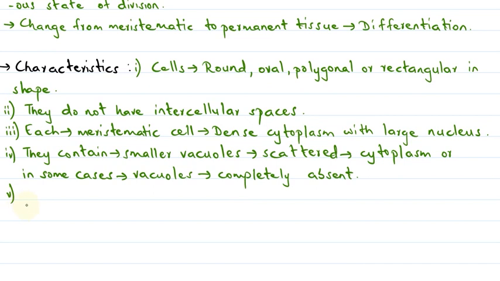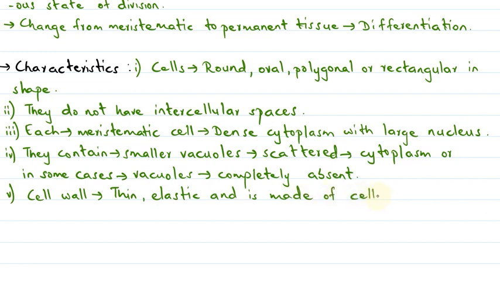Next feature is that the cell wall of these meristematic cells is thin and elastic and is made of cellulose.